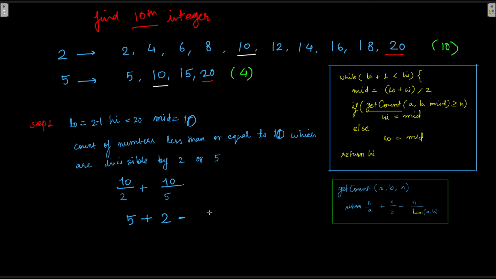So n is 10 again. And what is the LCM of 2 and 5? It is 10. So we get 1 from this. 5 plus 1 is 6. Is 6 greater than or equal to n? n is 10 for us. No, it is not.